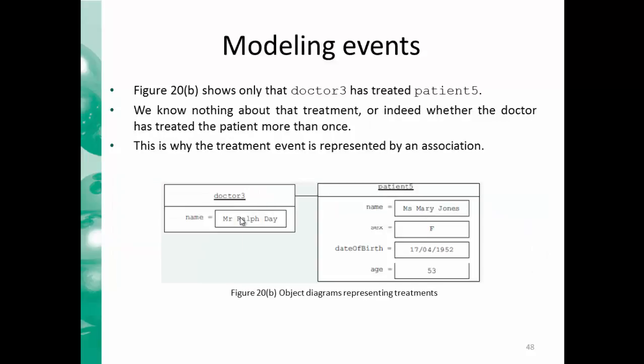Whereas in the hospital system, we have treatment as an event, but as we have no additional information required by treatment, we decided to represent it as an association. So Dr. 3 treats patient 5, and this is represented as an association.